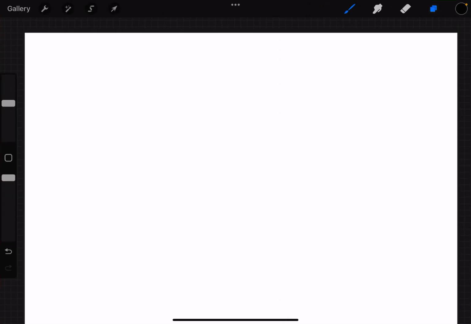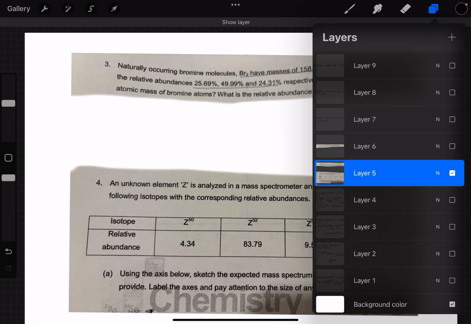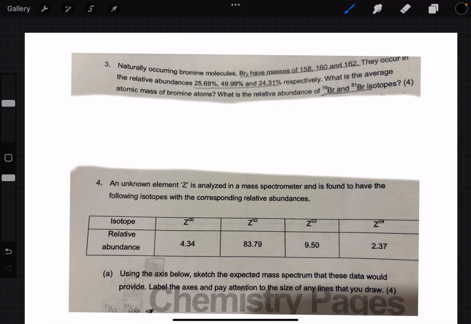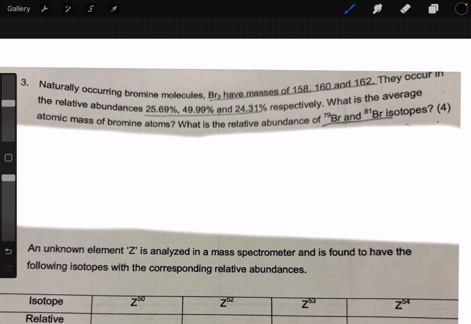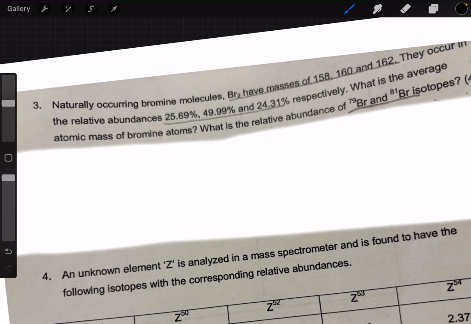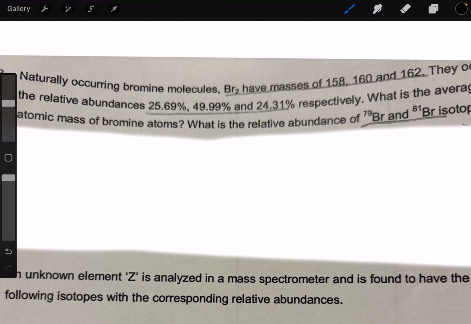So we're gonna go back to the worksheets. Naturally occurring bromine, and the masses are 158, 160, 162, and their relative abundances are given. So you need to take those relative abundances and turn them into decimal form, and you need to multiply the decimal form according to their masses.